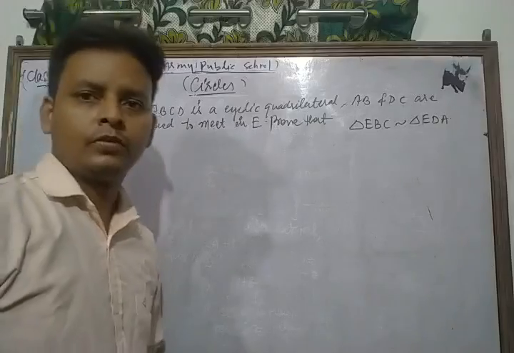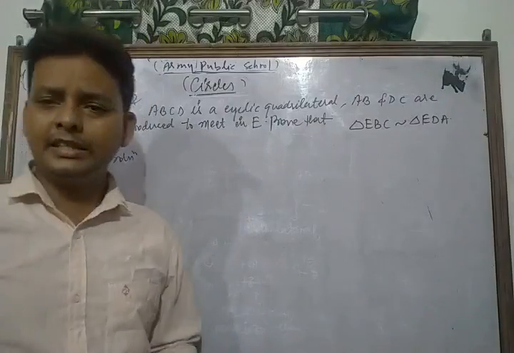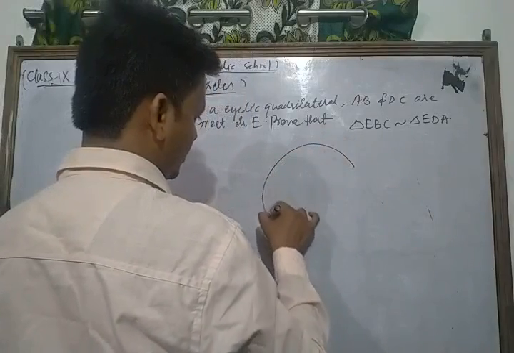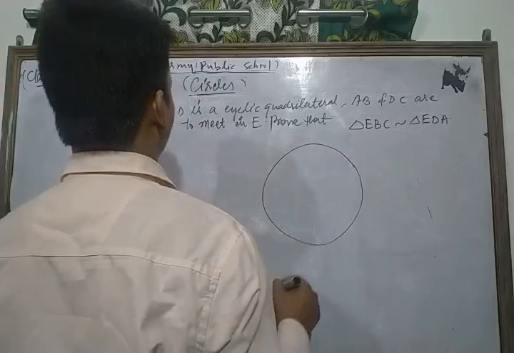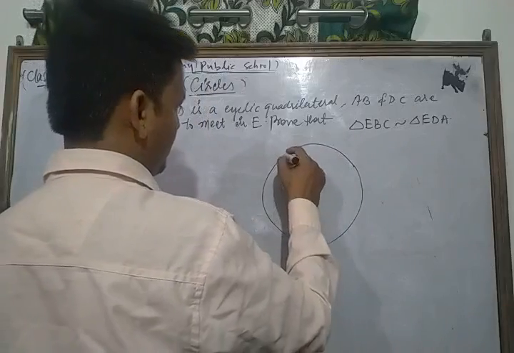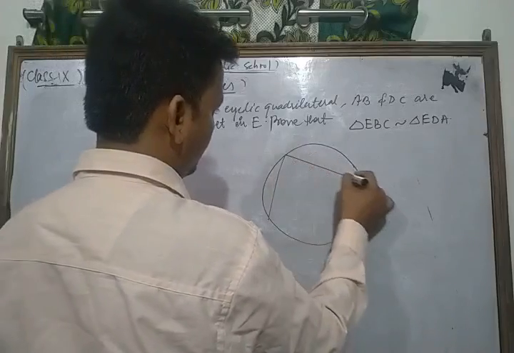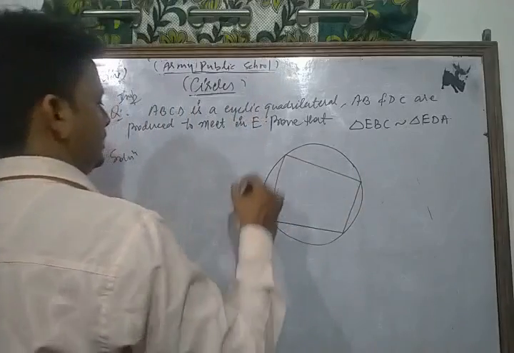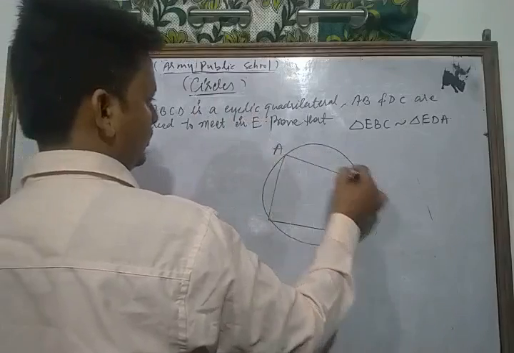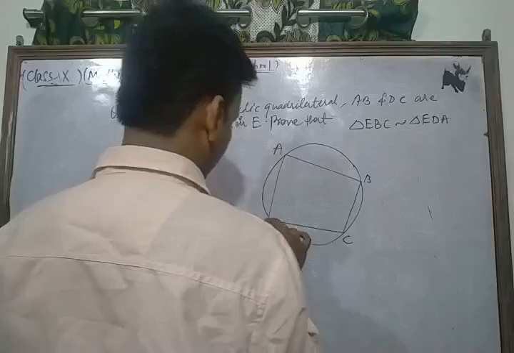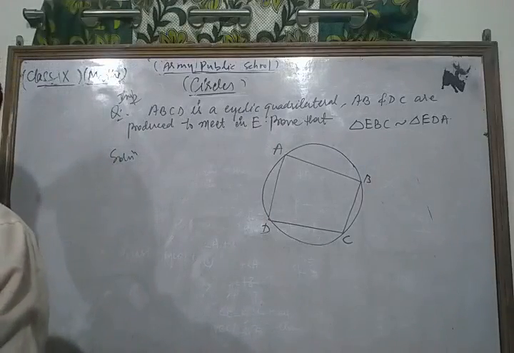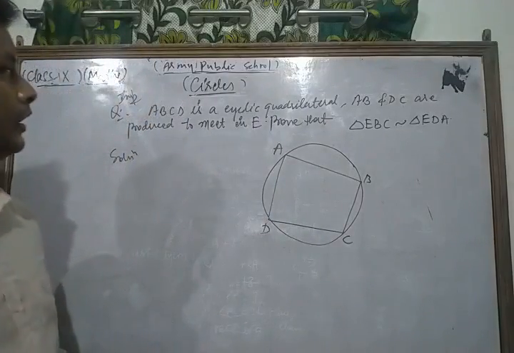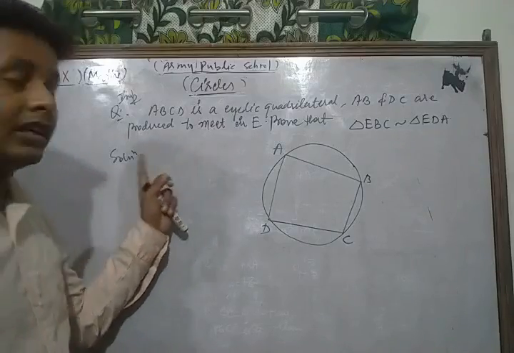First of all, we draw ABCD, a cyclic quadrilateral. This is A, B, C and D. This is a cyclic quadrilateral, and AB and DC are produced.